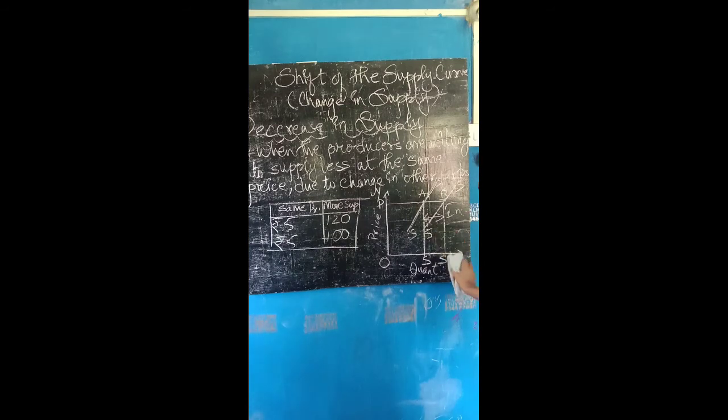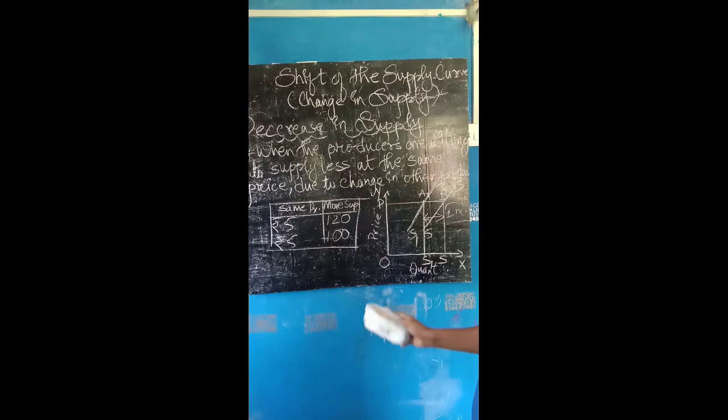Let's make some changes in the chart. Okay, just take it left for direction. Everything is fine there. So when the price was OP, the quantity supplied was OS.